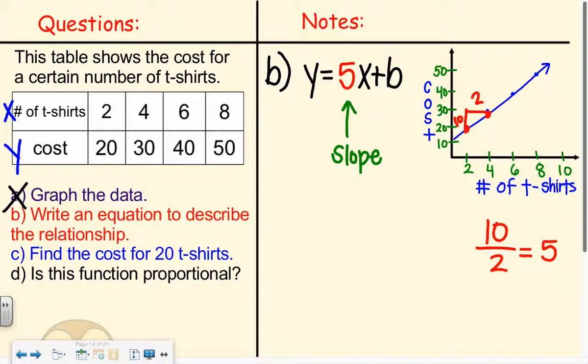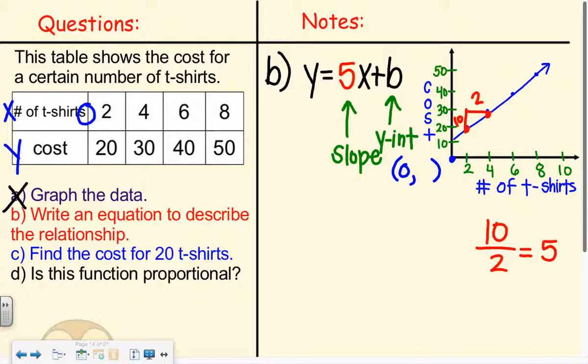My b, my y-intercept, if you look at my graph, it doesn't look like this one's going to cross at the origin. So let's figure out what that exact y-intercept would be. Well, remember that whenever we have our y-intercept where our line crosses the y-axis, the ordered pair is always going to be 0, comma, something, whatever that y-intercept is. So if I plug a 0 into my table, let's figure out what y is.